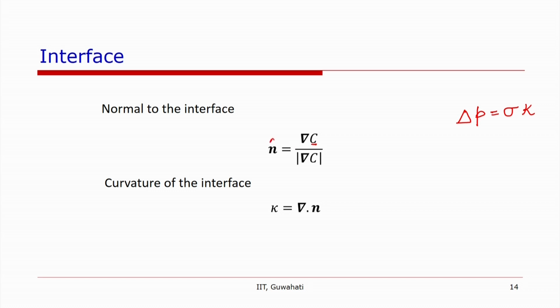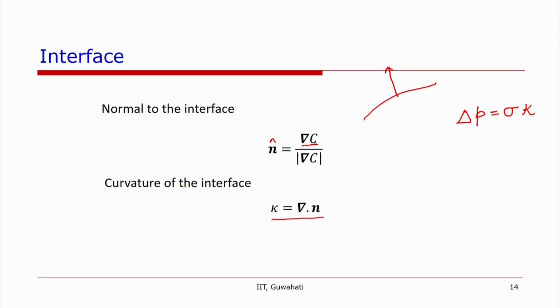The unit normal to the interface, that means the vector normal to the interface at any cell, can be obtained by del C over the magnitude of del C, the gradient of the color function vector. Once we have obtained the normal to the interface, the curvature is obtained by del dot n. So from this we can calculate the curvature.